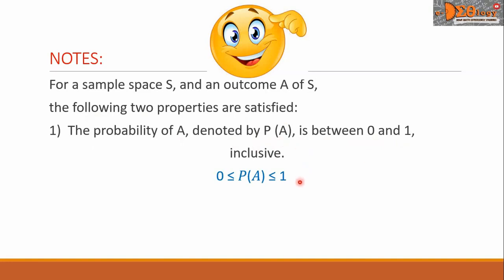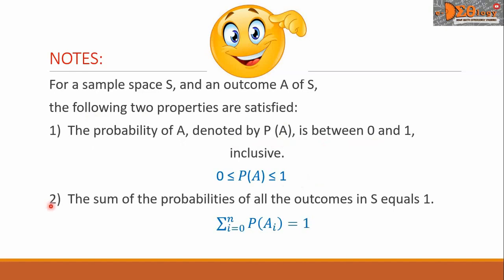In the books, you will see a symbol which means this is statement 1. Number 2: the sum of the probabilities of all the outcomes in S equals 1. In symbols, you will see this formula in some statistics books.